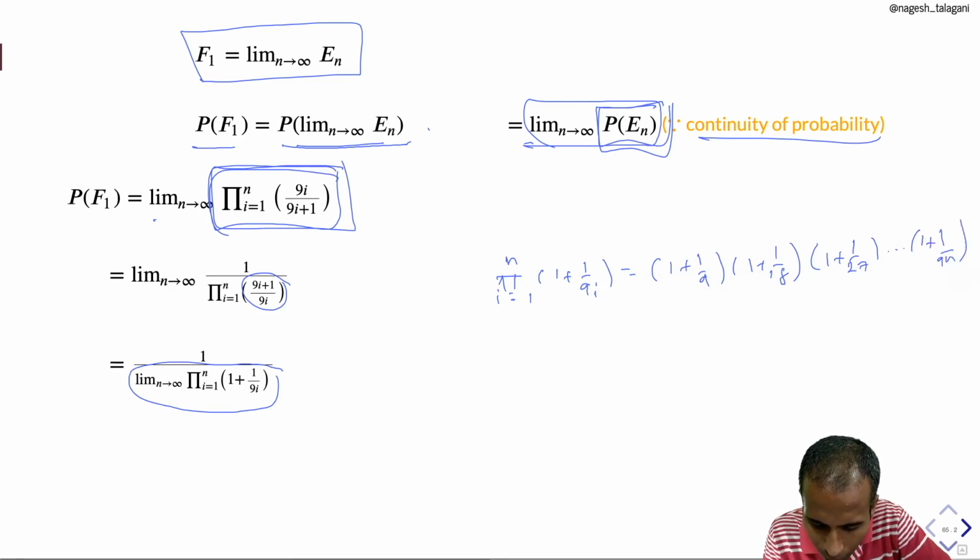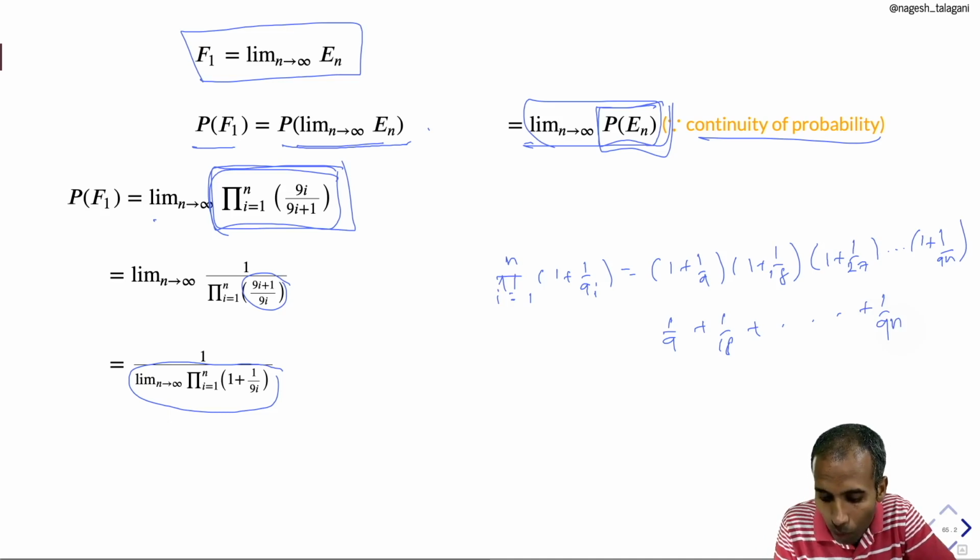If you multiply, you will see at least some terms like 1 by 9, 1 by 18 and so on. At least these terms you will get. There will be more. That's why the left hand side will be greater than or equal to this.